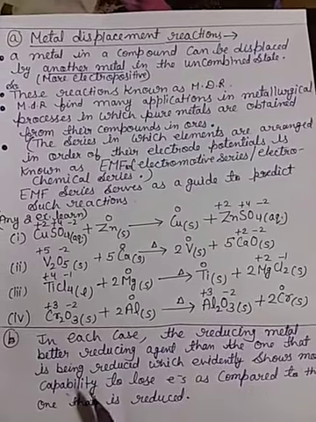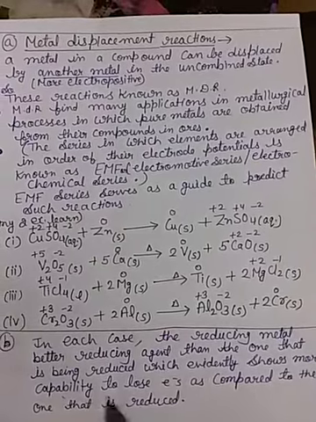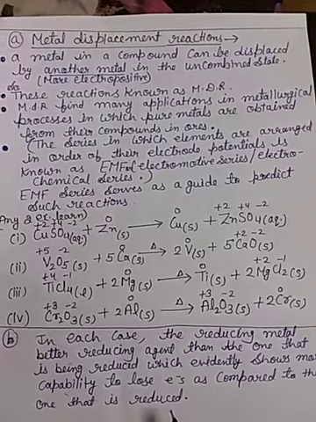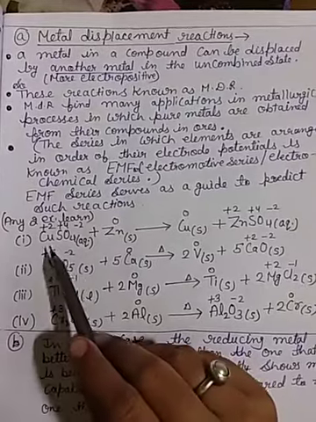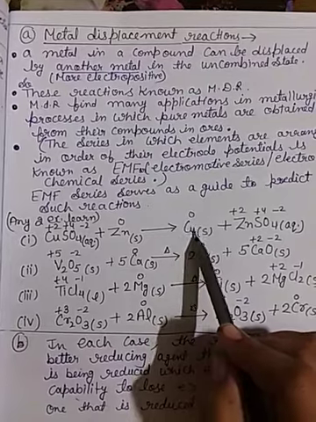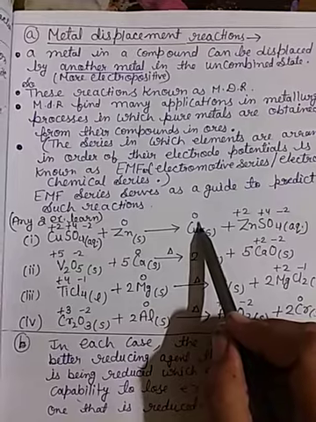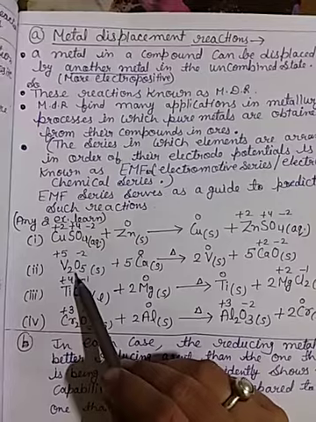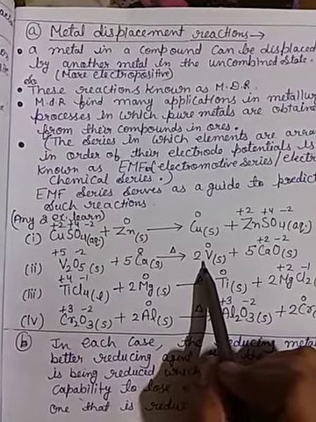The reducing metal shows more capability to lose electrons compared to the one that is reduced. Here copper is +2 and in the product it is 0. +2 to 0 means gaining electrons, so reduction. Vanadium is +5 and in the product 0, gaining electrons, which means reduction.